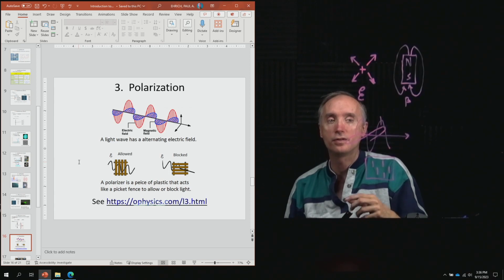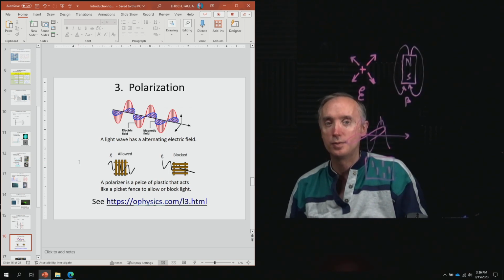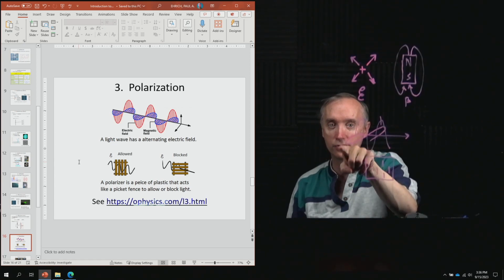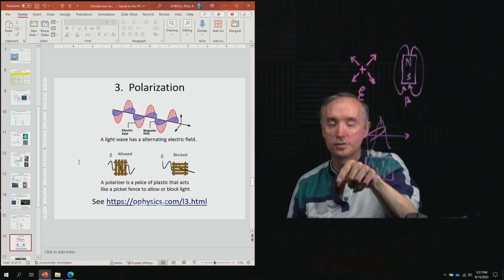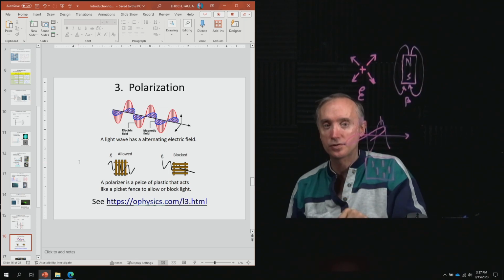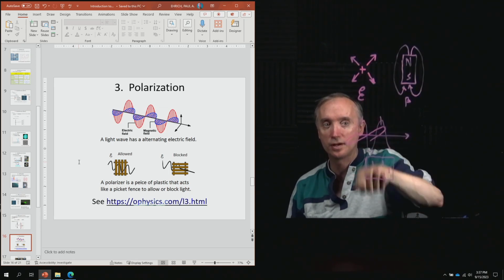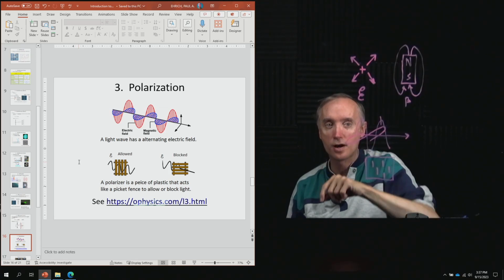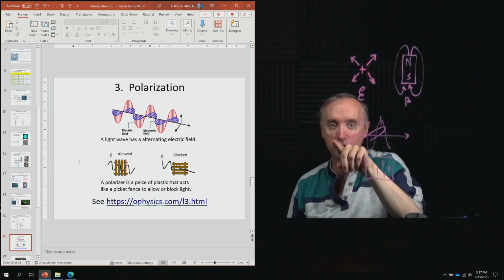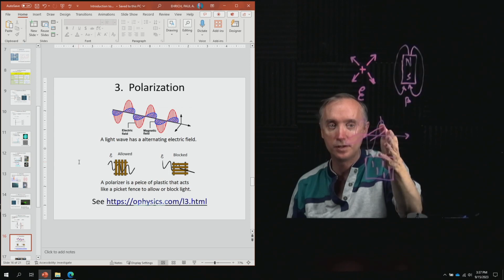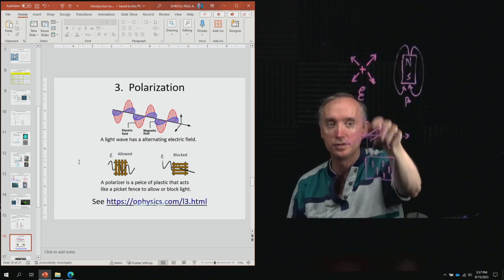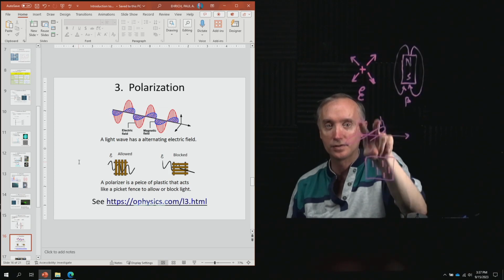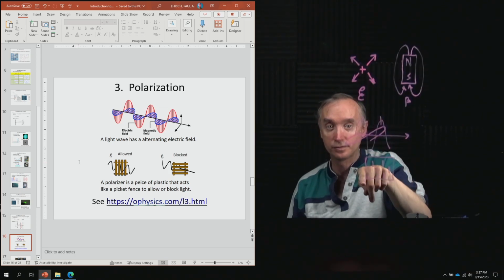And you can think of a polarizer as being kind of like a picket fence. So in the first picture there, you've got the picket fence, and you thread a piece of string through it, and then you take the string and you go up and down with it. Notice it has no problems with that. It goes right through the pieces of wood as long as the string is oriented in the same direction as the slits.